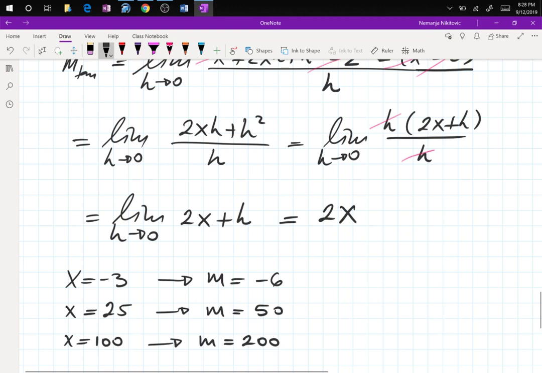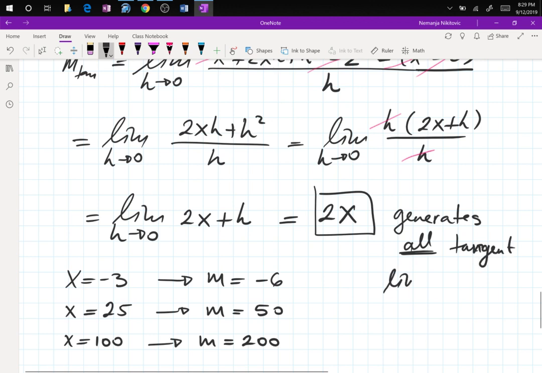What you did is you computed the function which generates all slopes of all tangent lines when you provide me with the function and you provide me with the point where you want to look. So this function here generates all tangent line slopes for a given f of x.